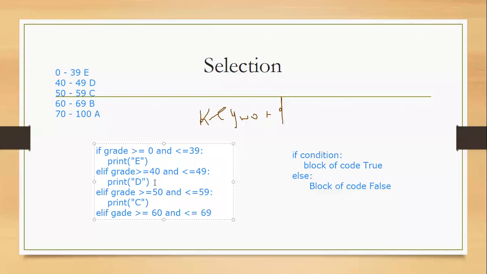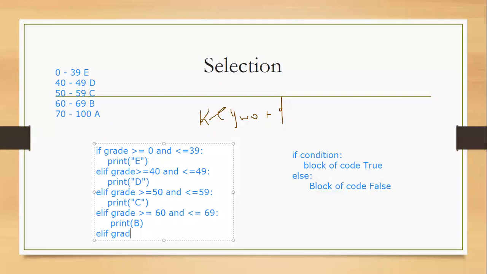Full colon. Without that full colon, there will be an issue. Then now I'll print a B. So the student who gets 67 will fall there. Then another elif, this will bring an error.